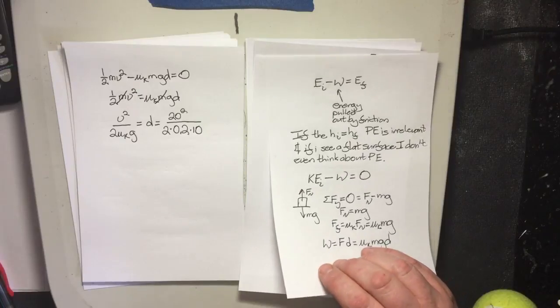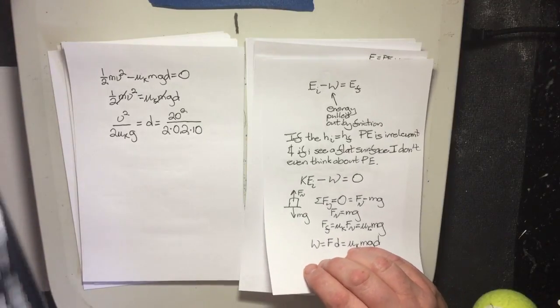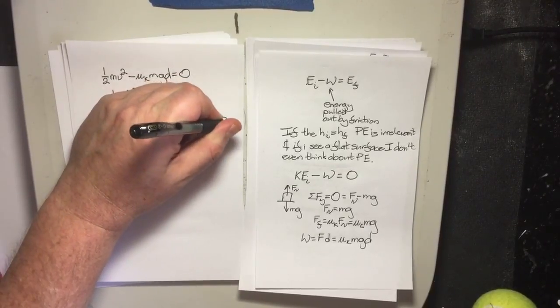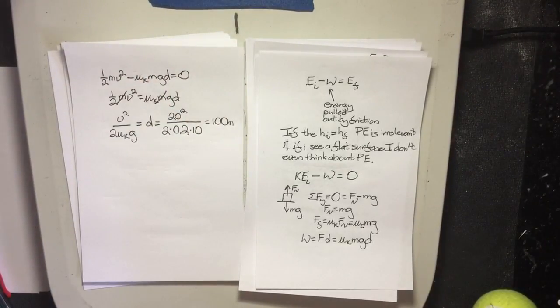So 20 squared is 400. Divided by 10, divided by 0.2. Yes, I am right. So it traveled 100 meters before it came to a stop.